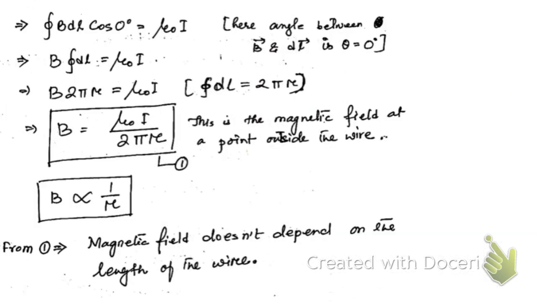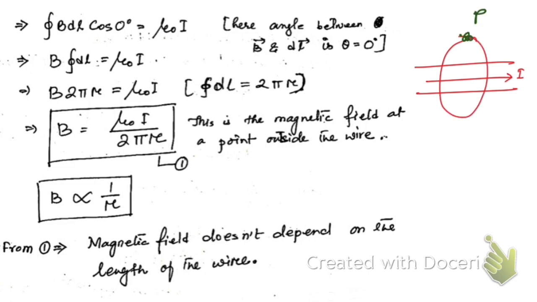Now you see, this was the diagram. This was the conductor, the current is in this direction, and this is the circular part. Here is the point P, magnetic field B, and this is the dl. This radius is r, this is a.